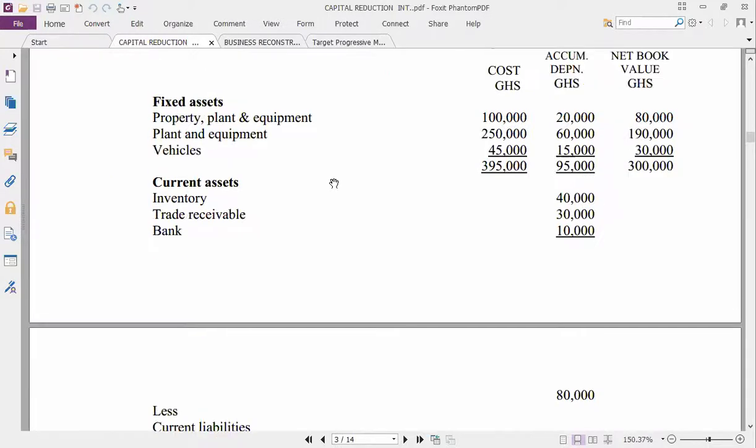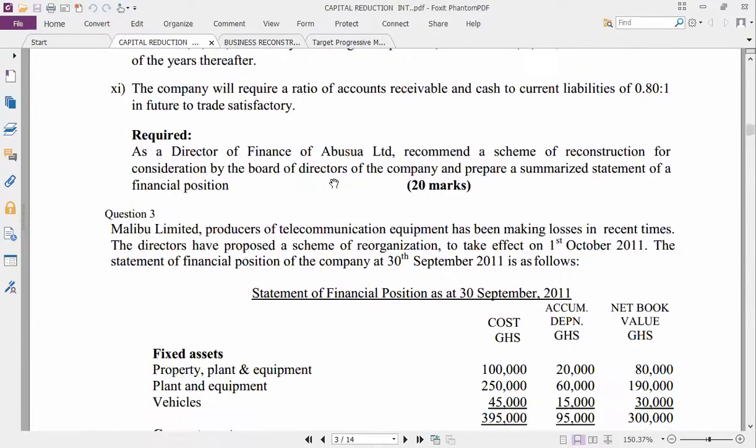So let's quickly run through. Yeah, this is Malibu. This very one.